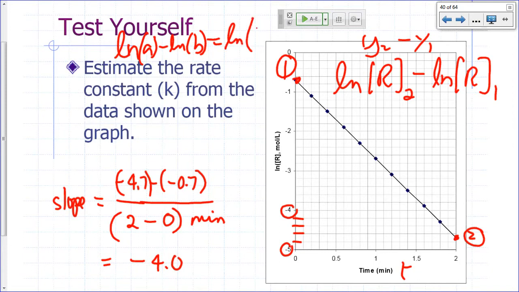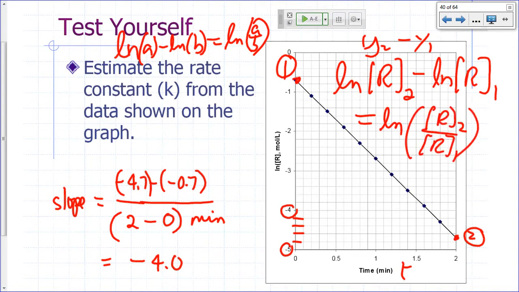So that's the natural log of A over B. So this is going to be natural log of R2 over R1. So what's the unit for your numerator then? Concentration over concentration. So what's the unit for this thing? Unitless, right? A concentration term divided by a concentration term.